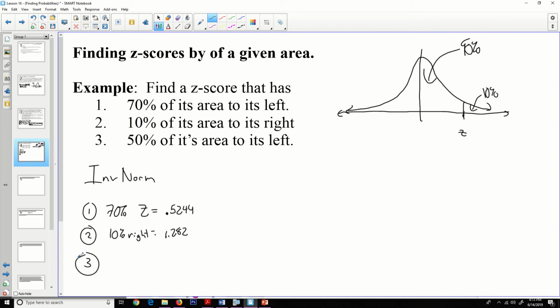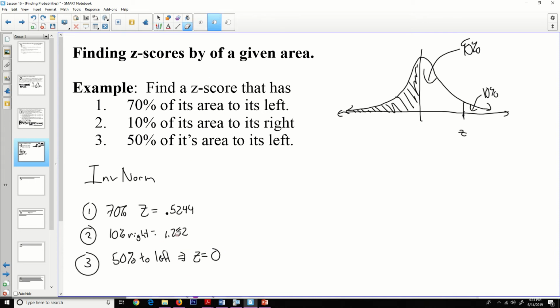Number three, we don't need a graphing calculator for, because on the standard curve, which is symmetric about the x-axis, 50% to the left would be right at 0, giving a z-score of 0.